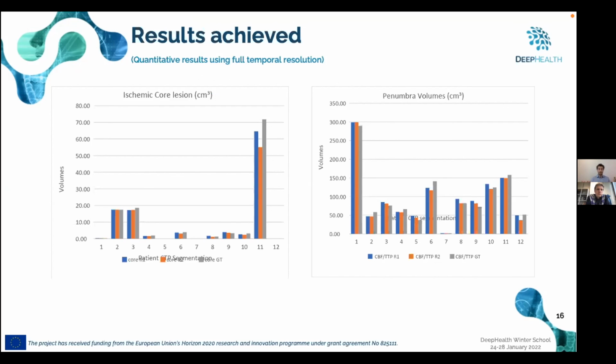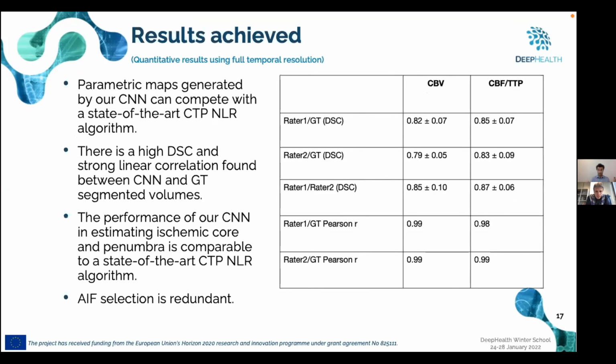Furthermore, we also wanted to see the intersections of these areas, so we have evaluated dice score results for rater 1, rater 2, and the ratio. We see a very high concordance between 2 independent raters, both on the CBV, which detects the volume, and CBF and TTP.